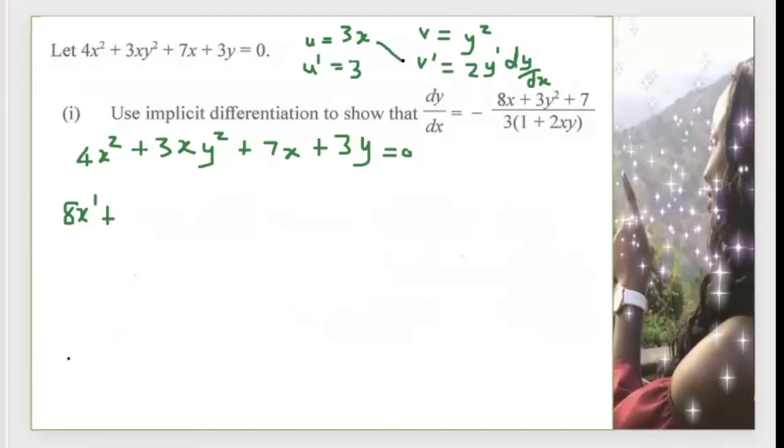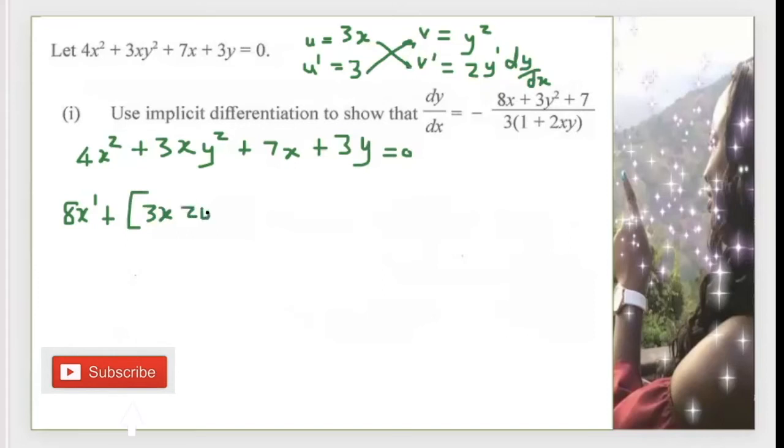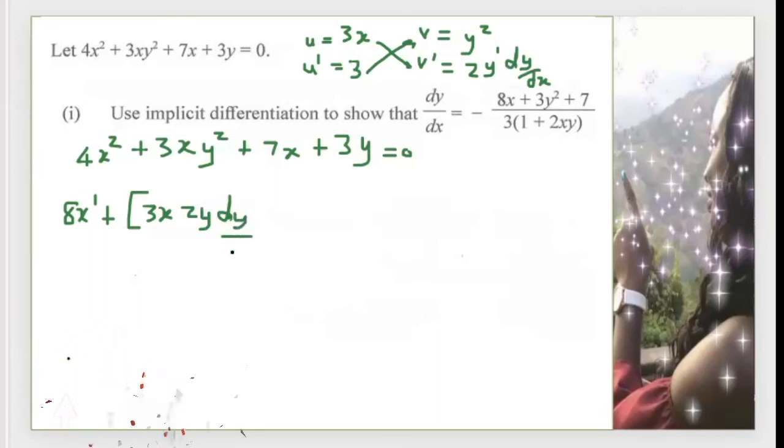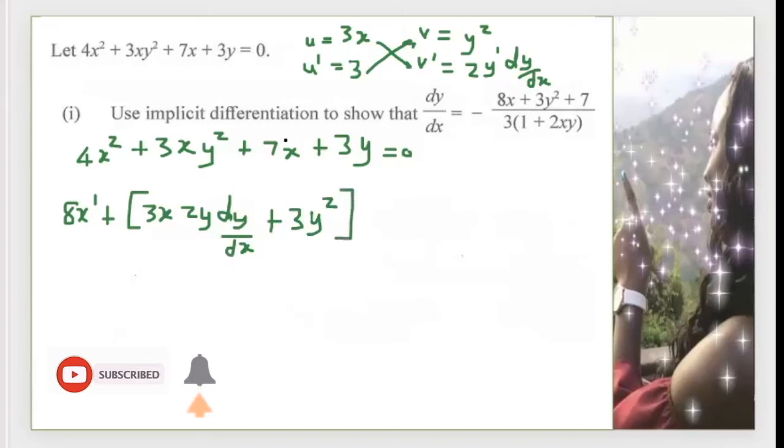So now product rule, we're going to attach the u and the v prime together and u prime and v together. So multiplying 3x times 2y dy over dx, then plus u prime times v, so I'll have plus 3y squared, and I will close my bracket.